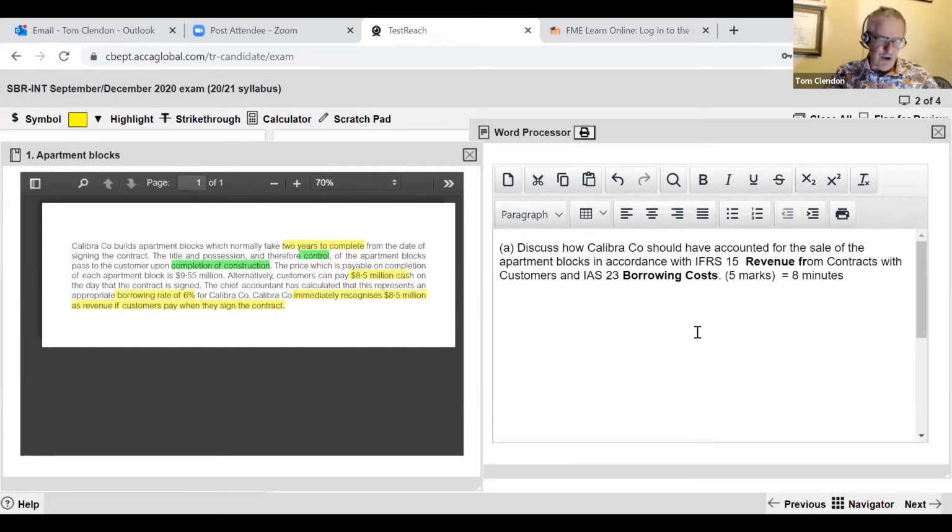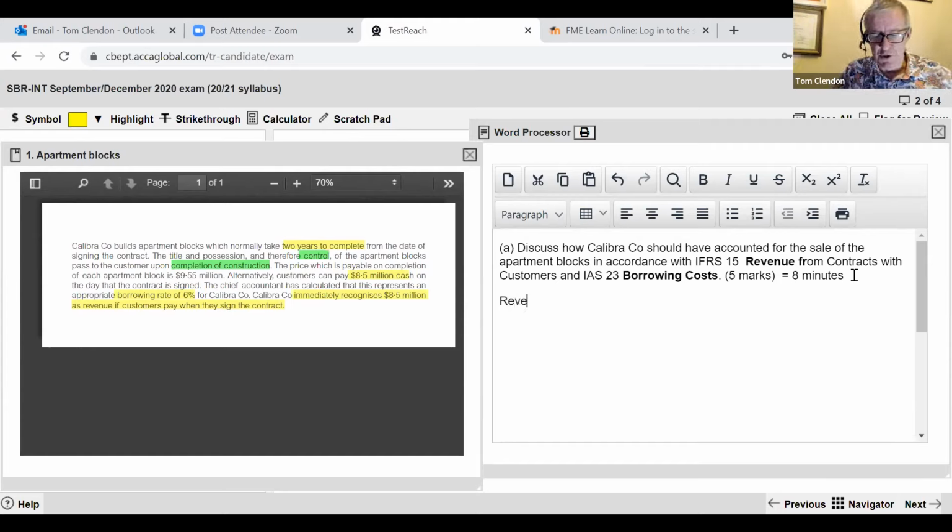I'm not going to start writing out there are 5 steps under, and step 1 is, no. We need to cut to the chase. And what we've got here, I think, is an issue around both the timing and the measurement of revenue. We've also got an issue around the fact that the question does something which is going to be wrong.